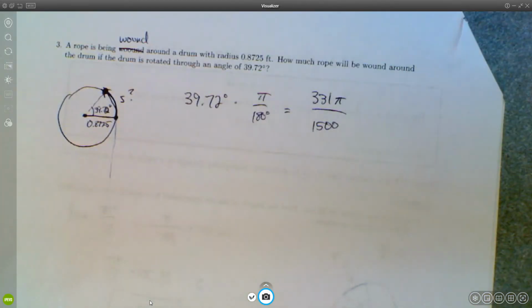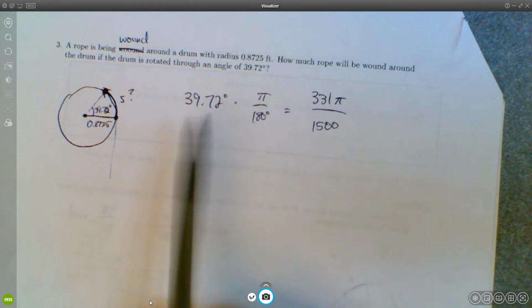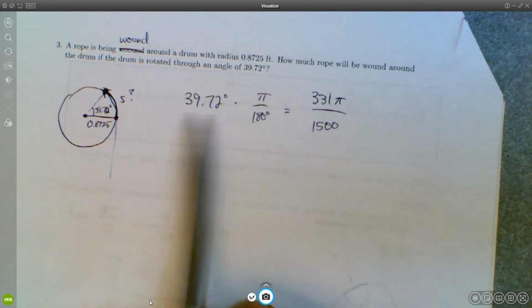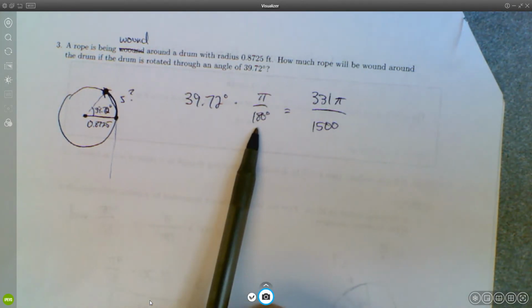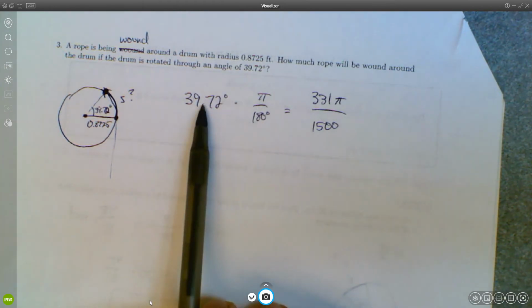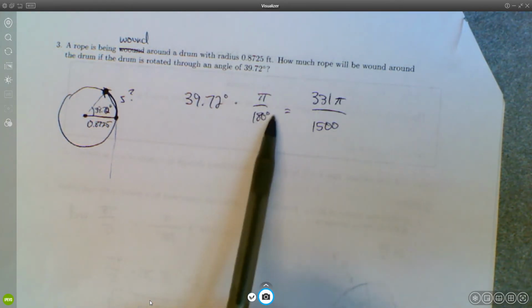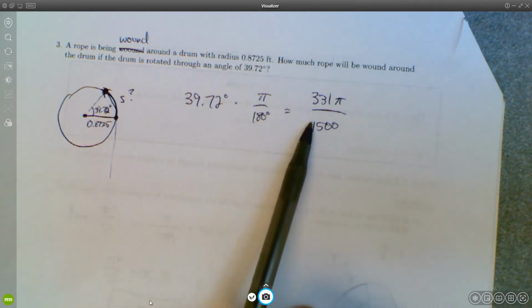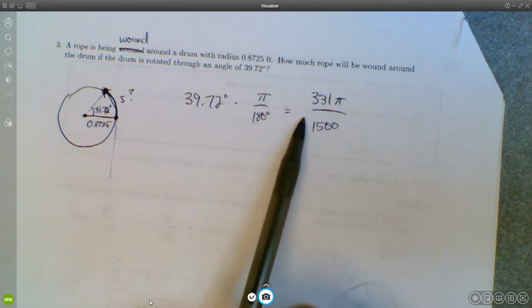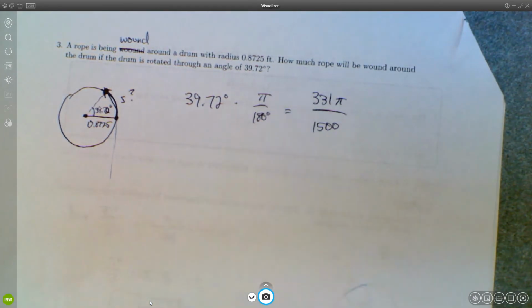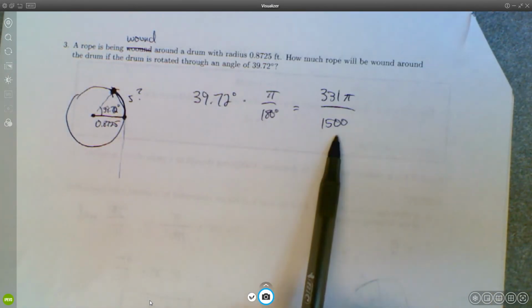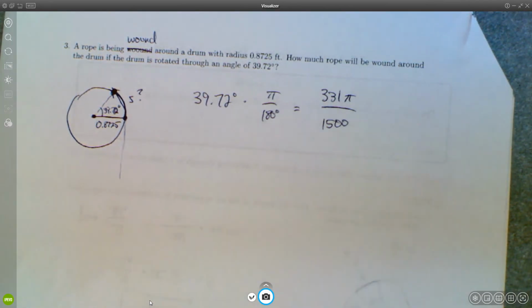I divided 3,972 by 18,000, right? I moved the decimal, so I added 2 zeros. The reason I did it is so that I wouldn't have a decimal as my answer. I don't want to round this off at this point in the calculation, because then I'll have rounding errors in my final answer. So I want the exact value, and that's the exact value of the angle.